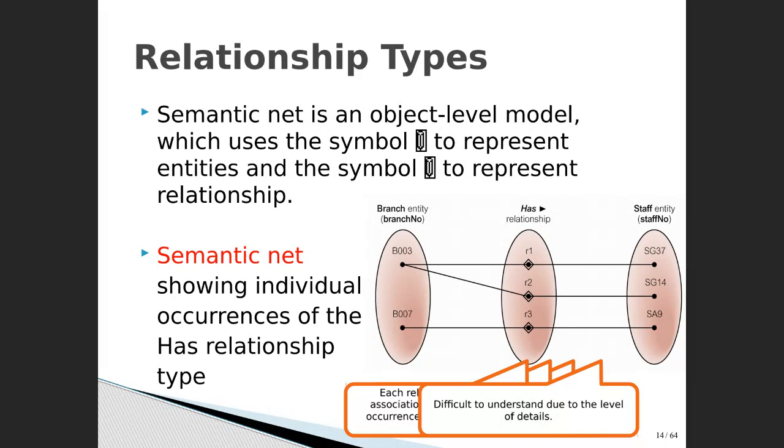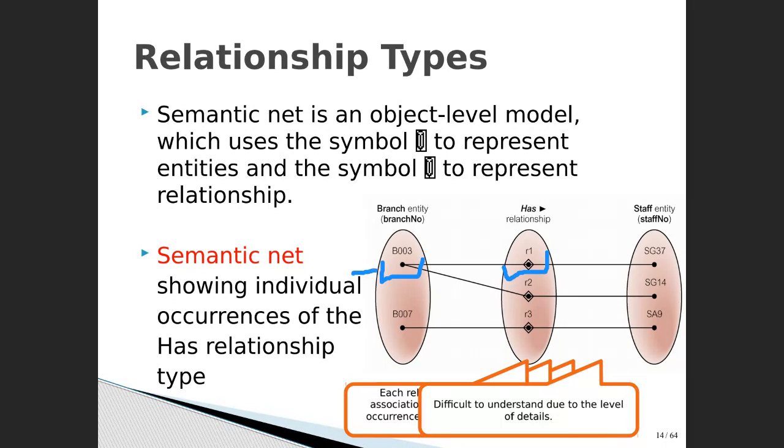The dot with a diamond shape around it will represent the relationship. So put this in your mind: this dot represents the entities, and the dot with the diamond shape around it represents the relationship.